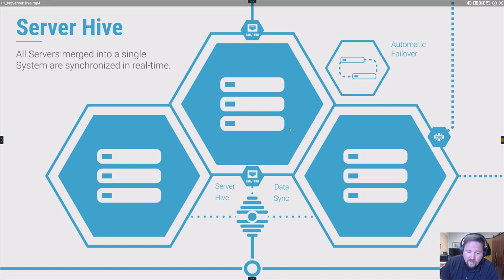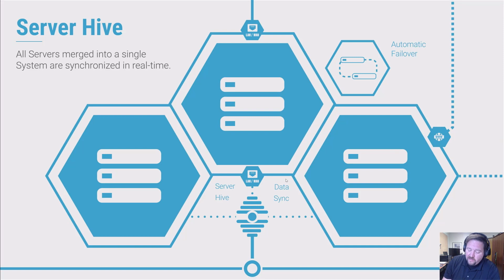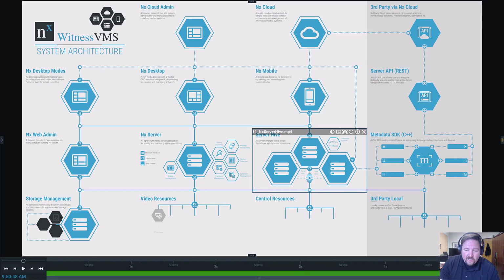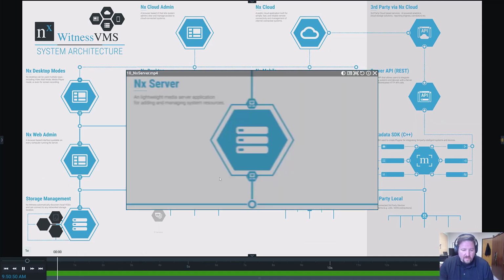And that's important because it synchronizes system configuration information and user information, and it allows for things like automatic camera failover to happen in real time. So the Server Hive is a real key part of the architecture. It also allows you to send an API call to any server in a system in order to generate a system event. So it's a pretty powerful architecture. Let me start that up.